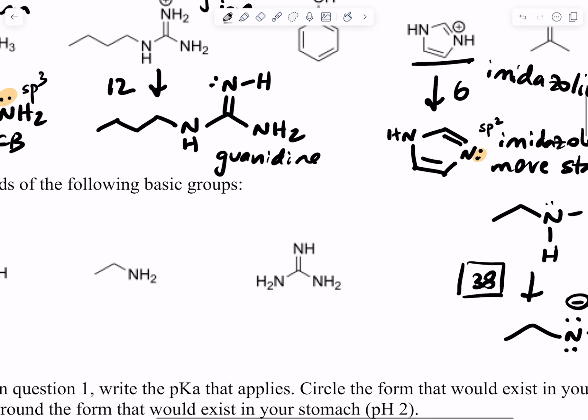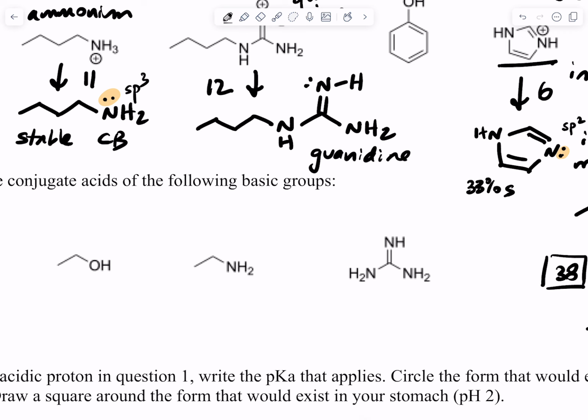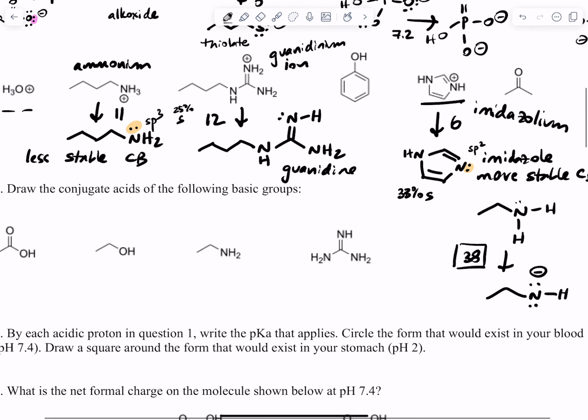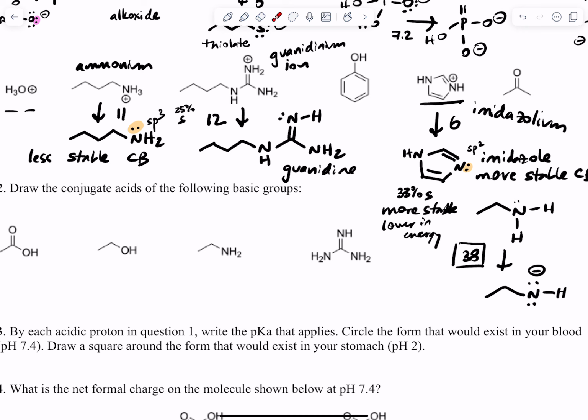The sp2 orbital is 33% S. The sp3 orbital is only 25% S. So you'd conclude that the electrons in the sp2 orbital are more stable, they're held lower in energy because of the increased S character of the orbital that holds those electrons. Okay? So this is one way that you can use the stability of the conjugate base to try to rationalize acidity.